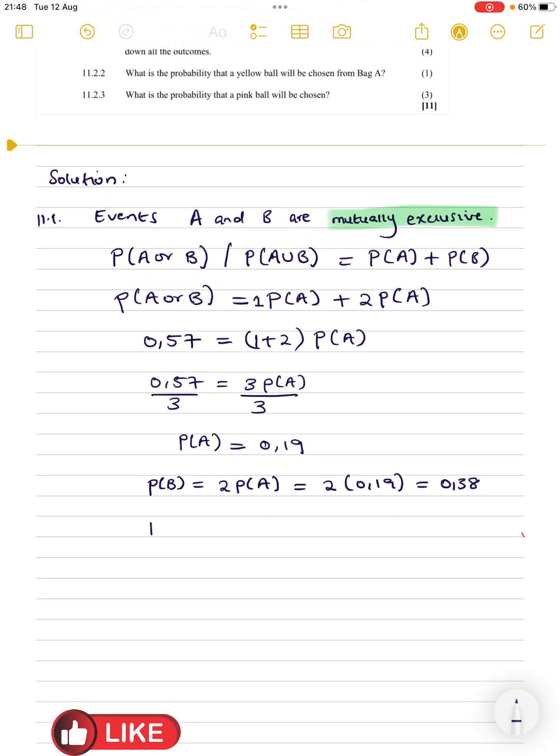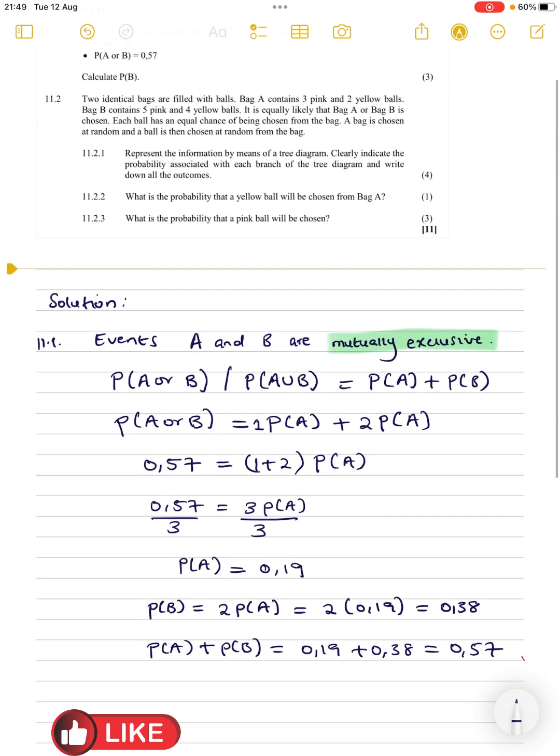You can even check now the probability of A plus the probability of B. It's 0.19 plus 0.38, which gives you 0.57. That shows that you did everything correctly.